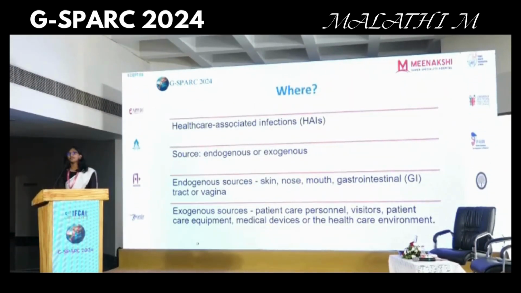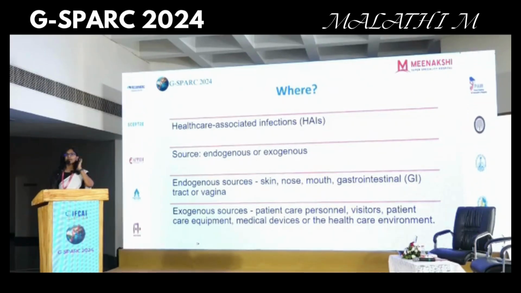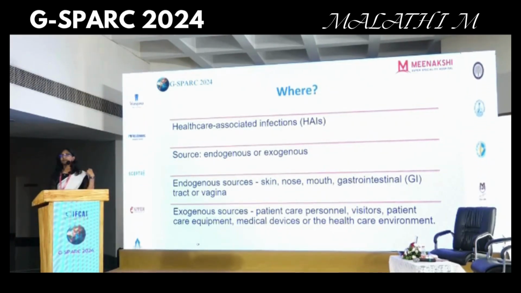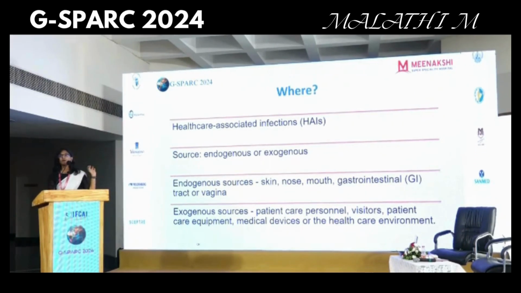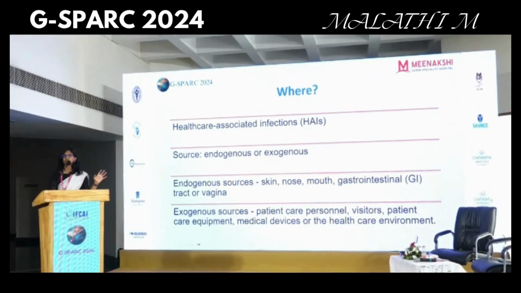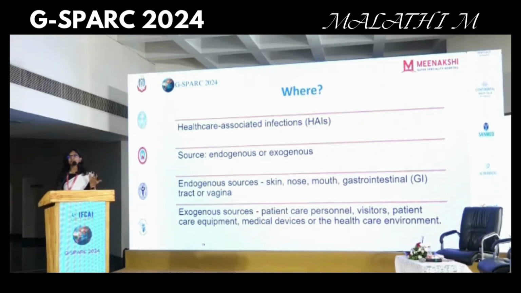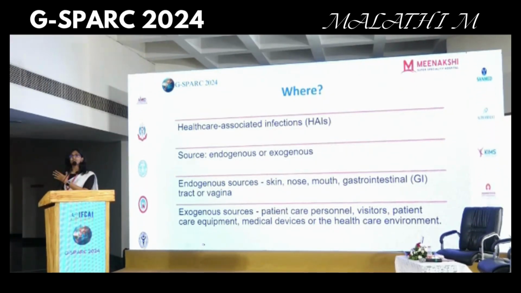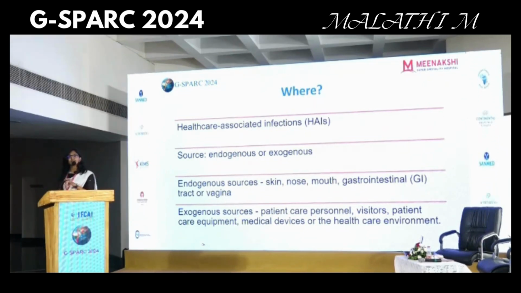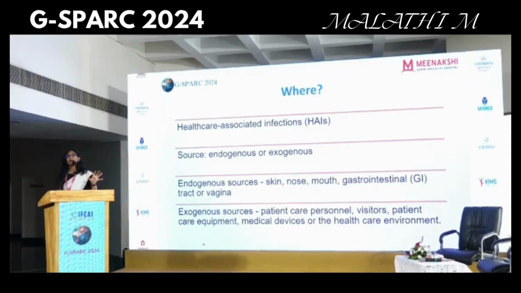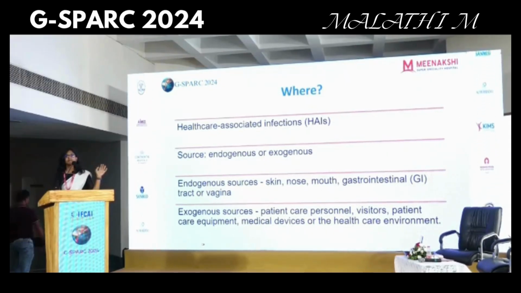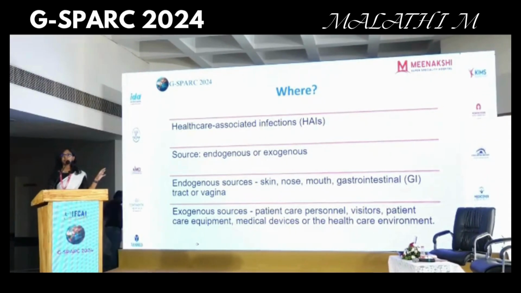So where do these infections, HAIs, come from? Only if you know where it is coming from, you can target the interventions. One is the patient, that is the endogenous source. The patient's own commensal, especially for MRSA infections. In the previous talk, we talked about decolonization, about removing rather than using antibiotics. That's where the endogenous source becomes an infection.